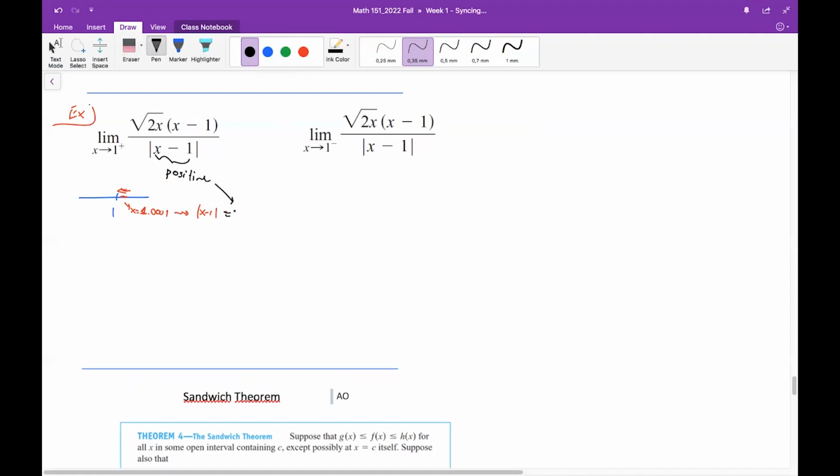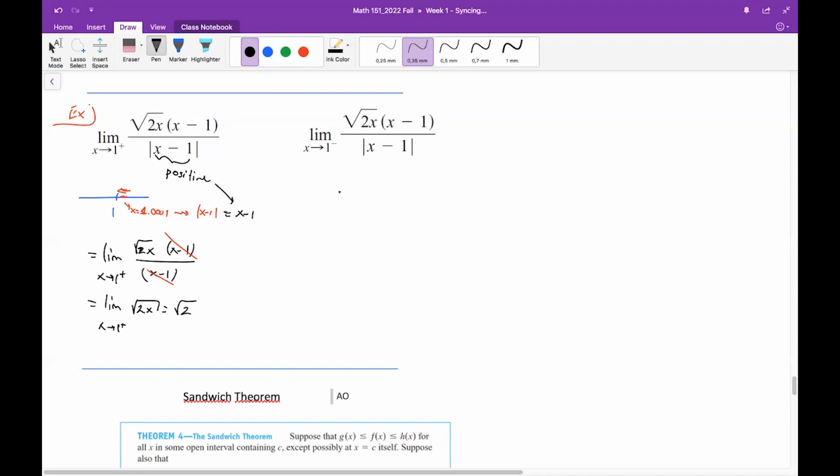That's why this is evaluated as itself without putting an extra minus sign in front of it. Then for the limit of square root 2 times x minus 1, from the right direction, since the values are bigger than 1, this is positive, so I evaluate the absolute value as it is without an extra minus sign, so these two cancel, meaning that the limit is like that. You can just insert 1 here to see that the limit is square root 2 from right.